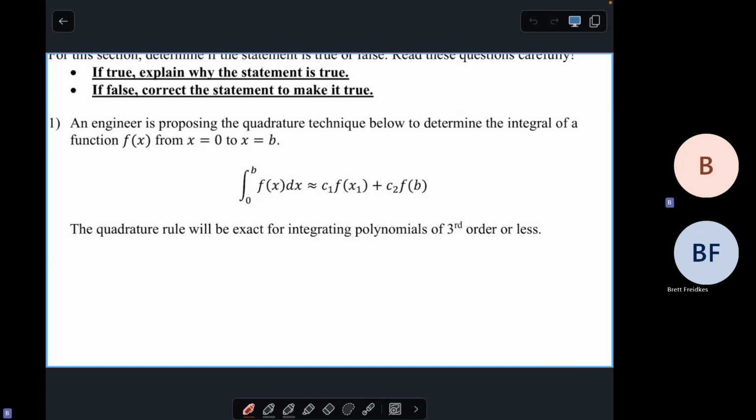I want you to think about it for a second. So the question then becomes, how many unknowns do we have in our quadrature rule? It's 3. What do we know? We don't know C1. We don't know X1. We don't know C2. We do know b. It's the bounds of the integral.